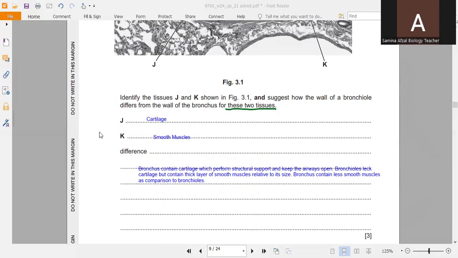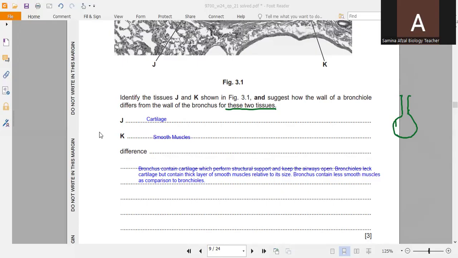I already told you that the bronchus is further divided into bronchioles, and at the end of each bronchiole, the alveolus is there. The alveolus is the gas exchange surface where the exchange of gases takes place. Inhaled oxygen is taken in and carbon dioxide is exhaled out.